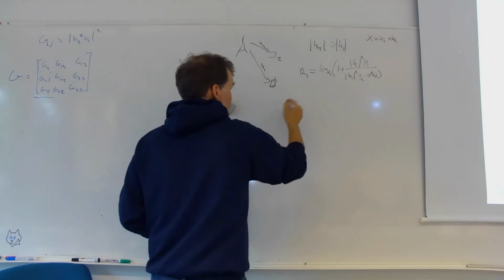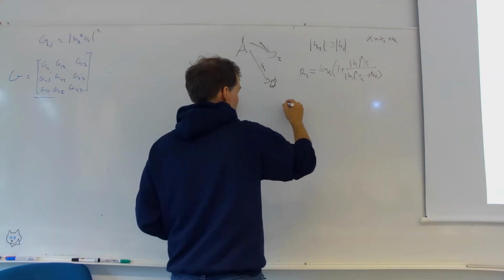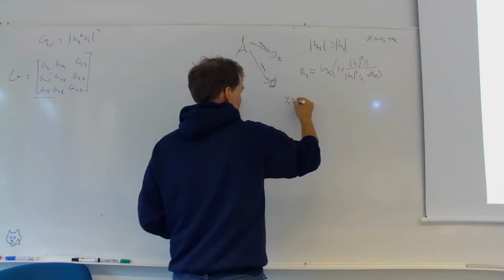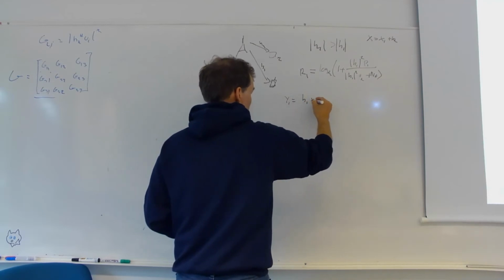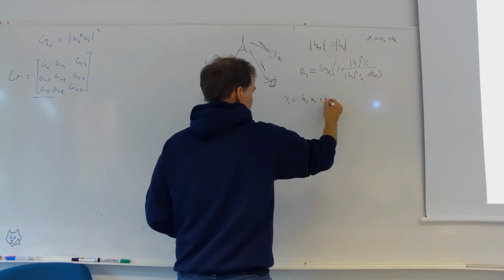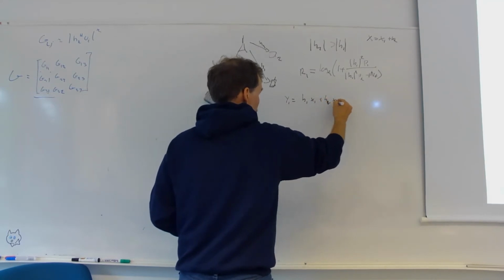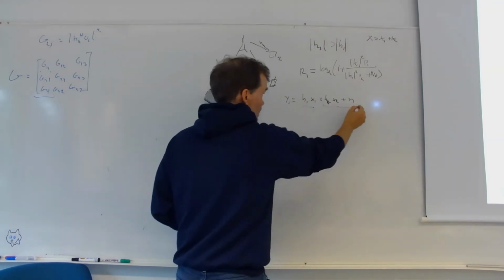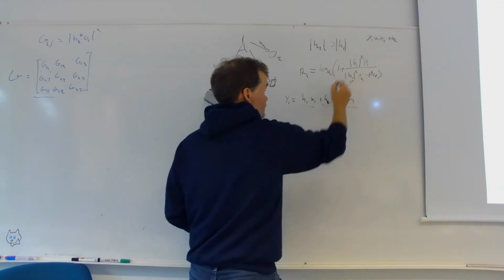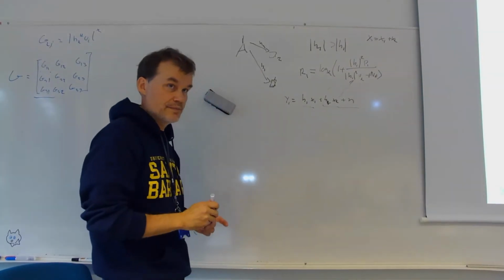So if you look at the received signal for user 1, that would be Y1 equals H1 X1 plus H1 X2 plus N, right? So this is the desired part, this is the interference. That's where it comes from.